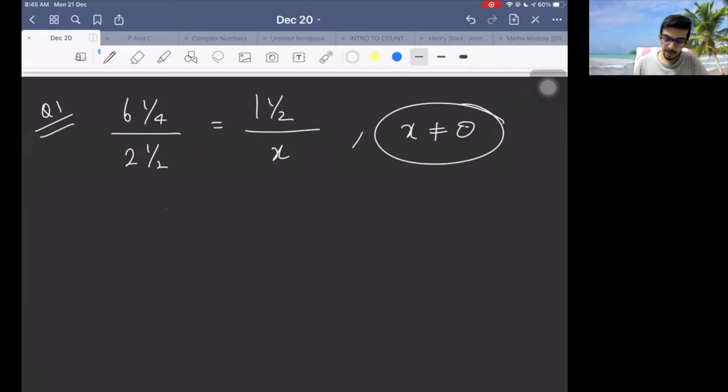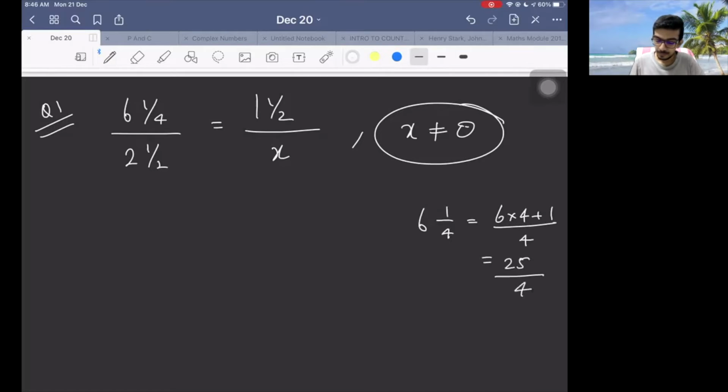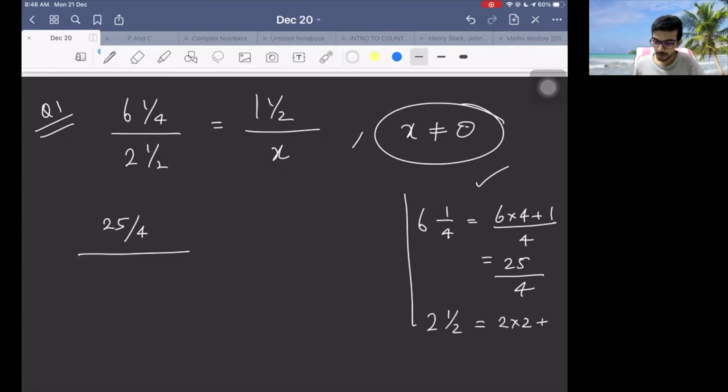So 6 and 1 by 4 is, how do you do that? It is (6 into 4 plus 1) by 4, right? So that is 25 by 4. And what is 2 and a half? 2 and a half is (2 into 2 plus 1) divided by 2.